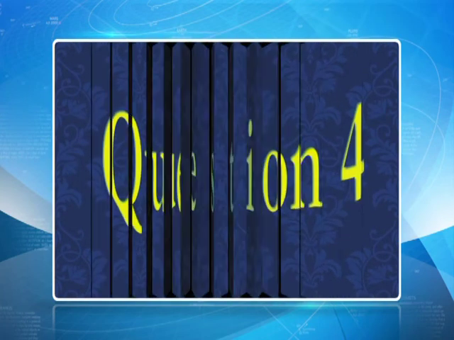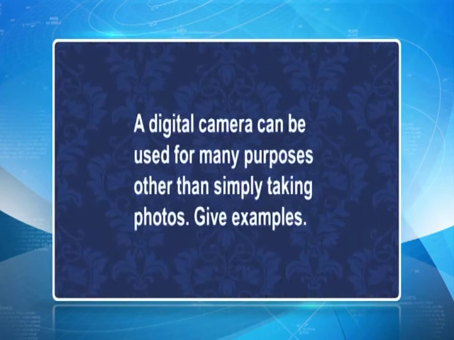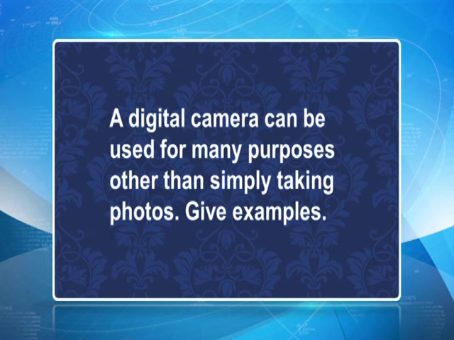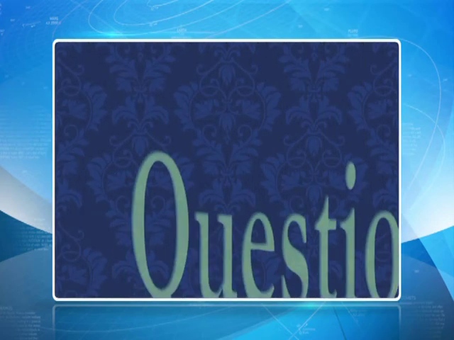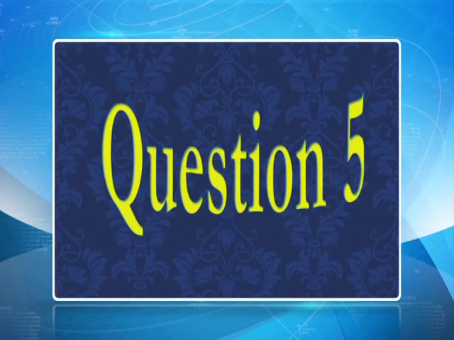Question number 4: a digital camera. You all have digital cameras, right? It can be used for many purposes other than simply taking photos. Give examples. What do you use a digital camera for? Videos, right? Sometimes you can take videos.